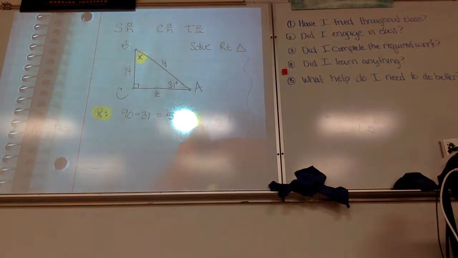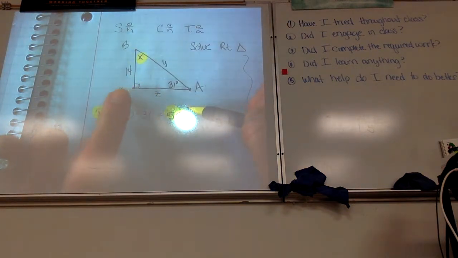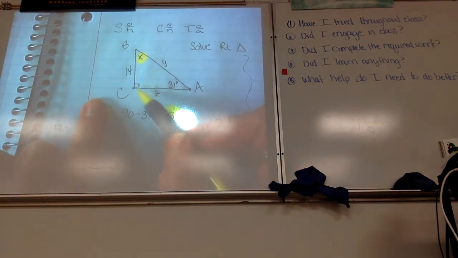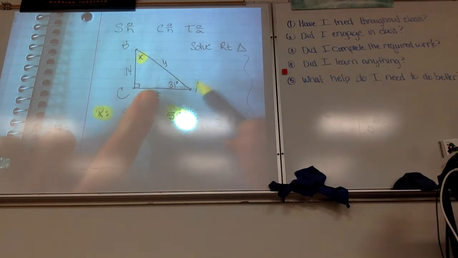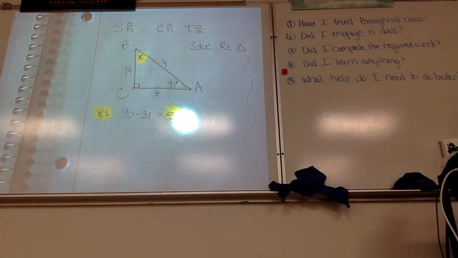So X is equal to 59 degrees. And I think I went over that in the video that I made for you. You can just subtract it from 90 because if this whole triangle equals 180 and this is already 90 degrees, doesn't it force these two to add up to 90 as well? All right, so 59 degrees. All right, let's go to Y. We'll just go in alphabetical order.